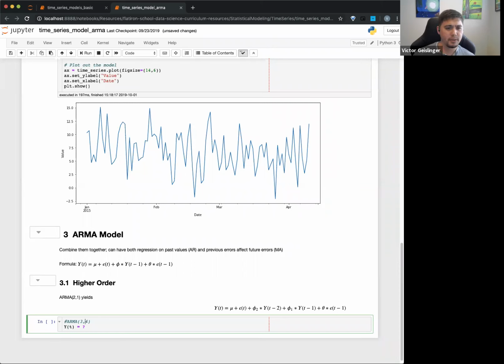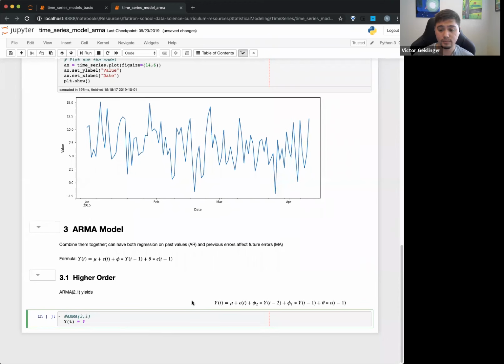Maybe I'll start simple then. 3, 1. Let me ask, what's the one number that would change if I changed it to 3, 1 from ARMA 2, 1? 3, yeah.